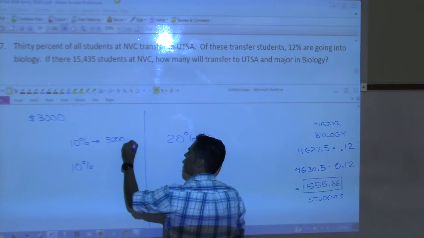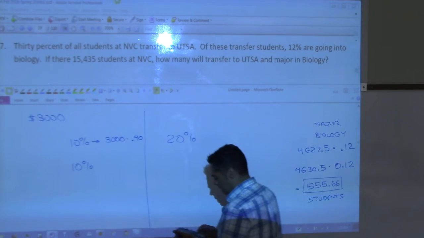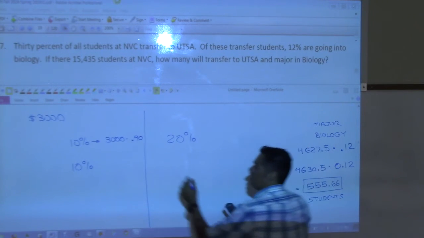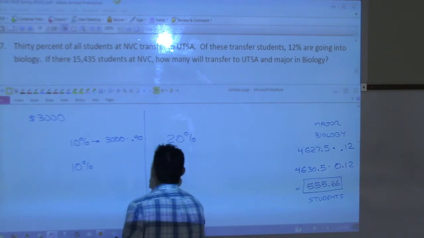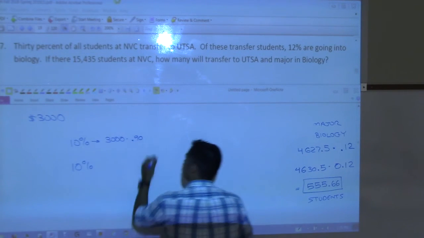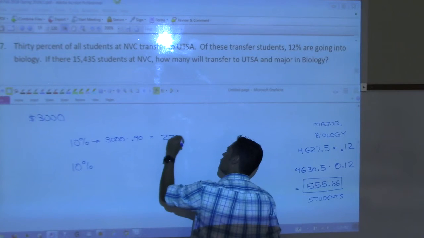So we had 3,000 times 0.9, which reduced our total to $2,700.